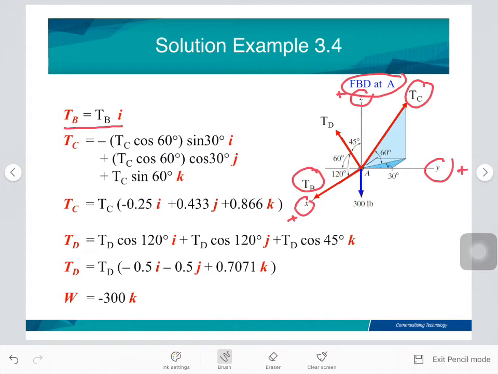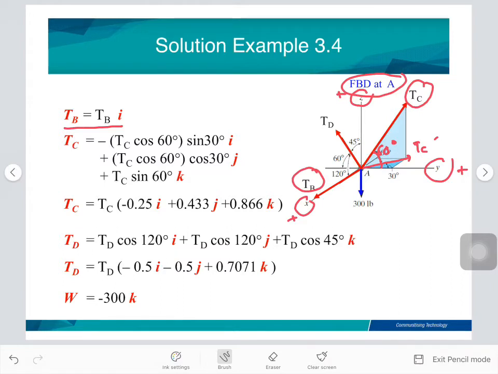TC is given like this. Here we have TC and TC prime. This is the angle 60 degree. When you want to resolve TC in Z, you can directly use the 60 degree.